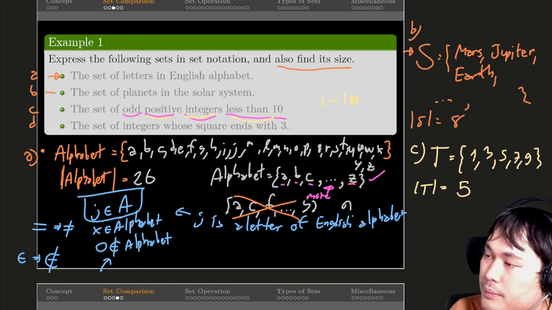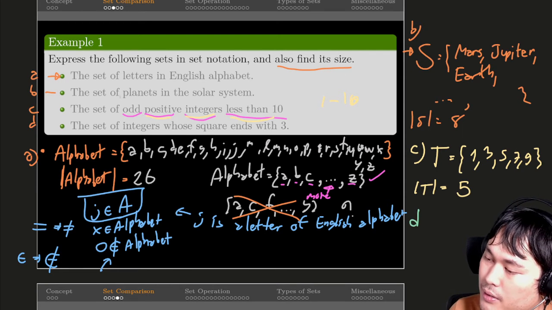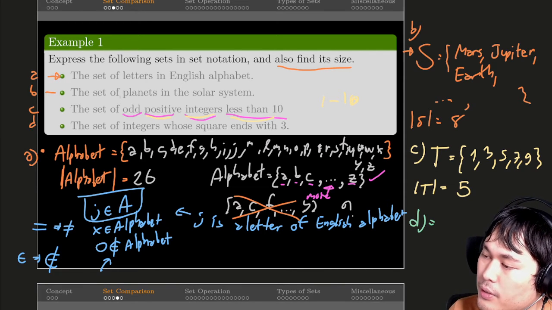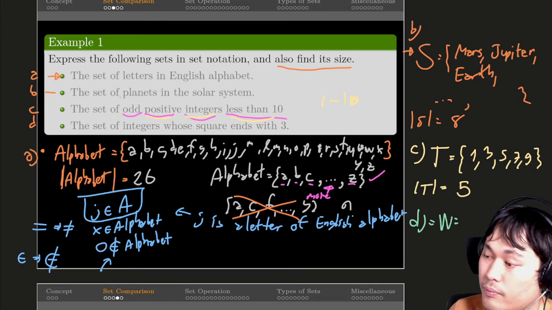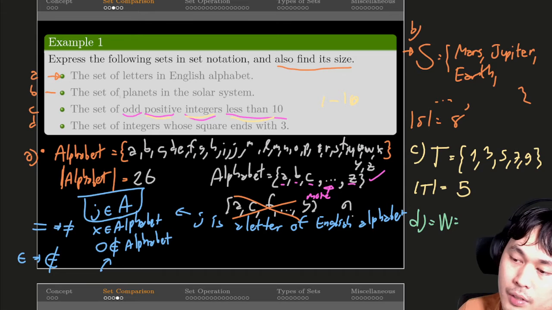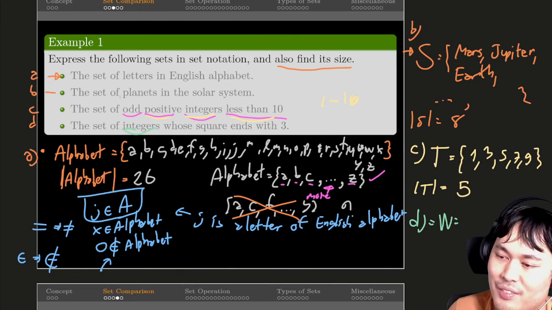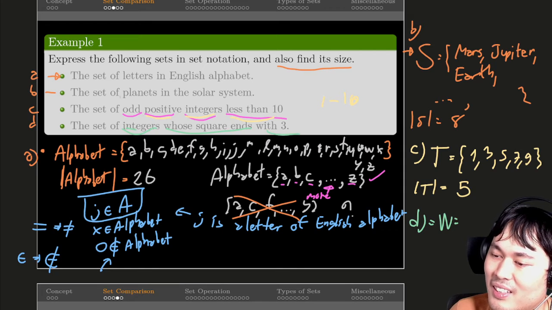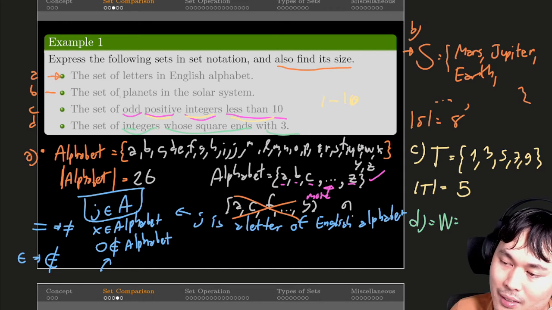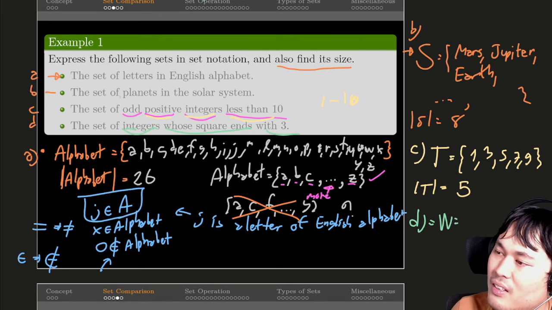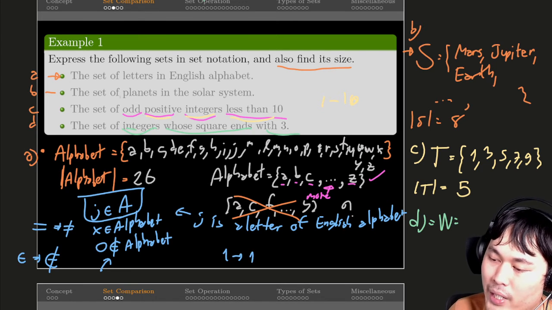And so that's C. And lastly, that's D. So let's say W then. We are looking for the set of integers whose square ends with 3. Again, lots of math words. What it means is that if you have any number, you can find its square, right?